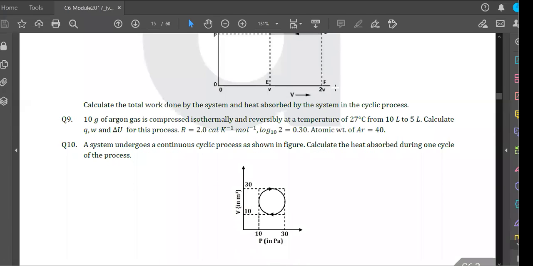Okay, question number 10. Anyone having doubt in question number 10? Mansi, Samya, Anjali, Pritam is not here, I guess. Pritam is here. Priyanka.